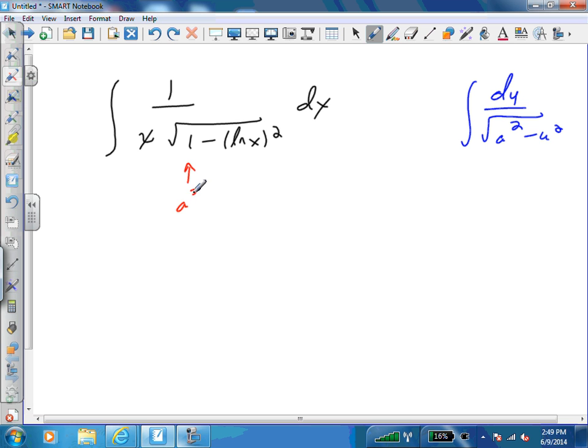Our a squared would be 1, which means that a would be 1. What is u squared? Right, that would be u squared. So what would that make u? Natural log of x. Well, if u is natural log of x, what is du? 1 over x dx.